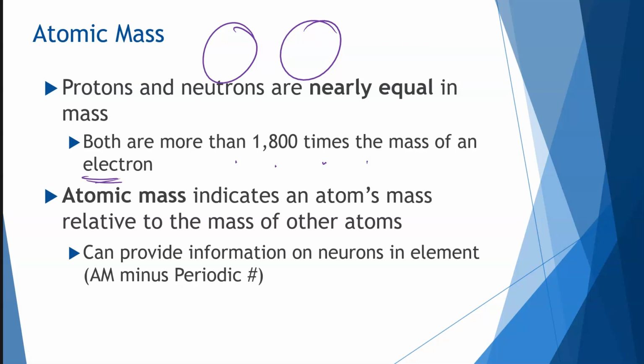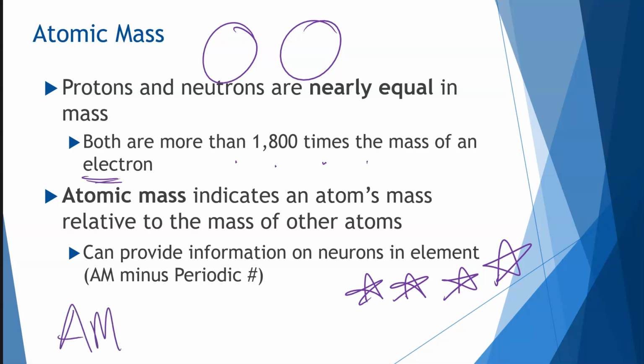Once it steps on the scale, once we figure out the mass, this is going to tell us information about the number of neutrons in an element. Okay? The way we can figure that out is our atomic mass is going to be equal to the number of protons plus neutrons.